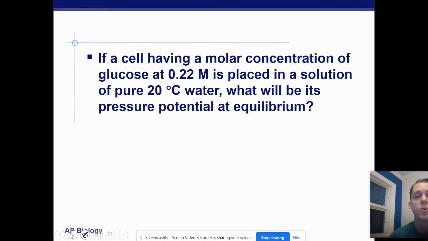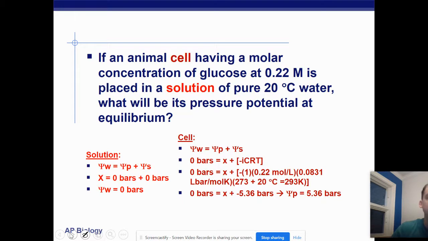And I would also assume that the overall water potential is going to be 0. Okay, so basically the water potential is going to be 0. It didn't mention anything about pressure on the solution. It didn't mention anything about solute because it's pure water. So therefore, we know that the water potential is going to be 0.